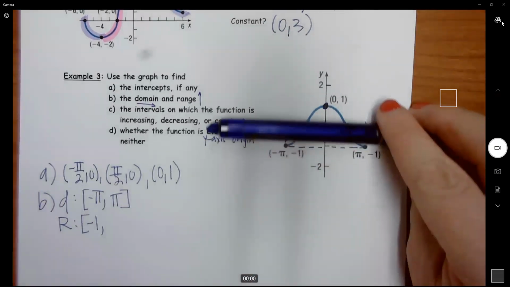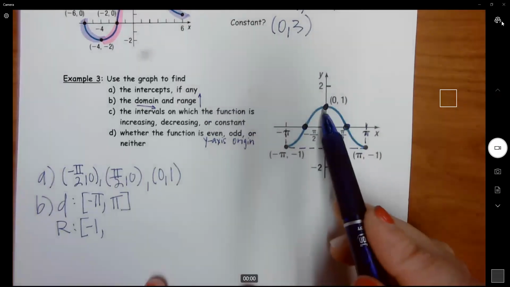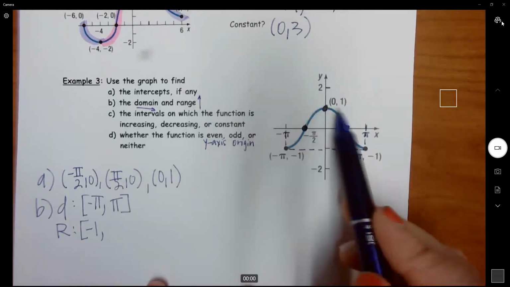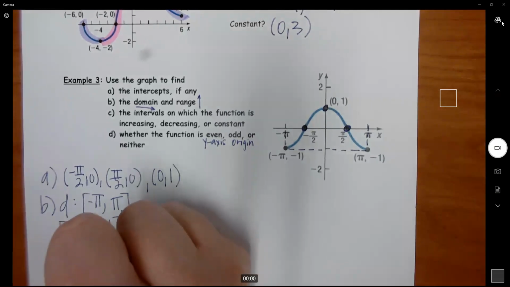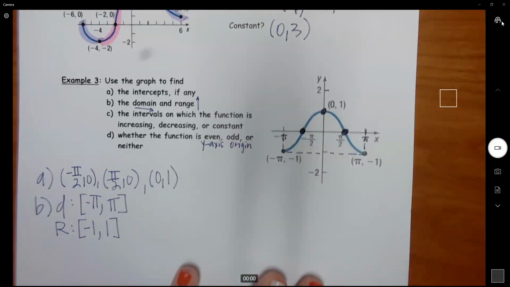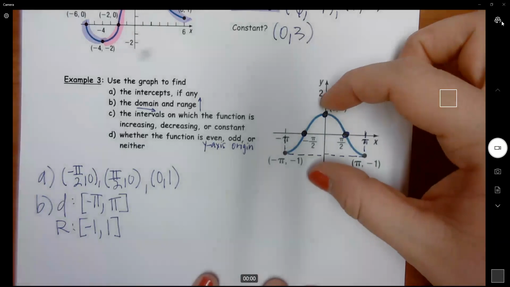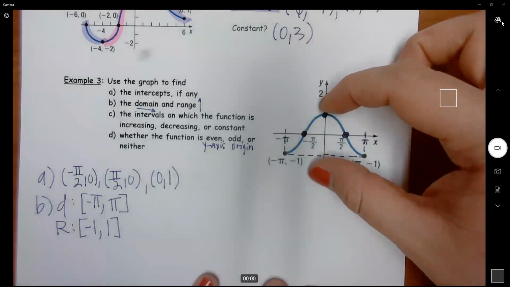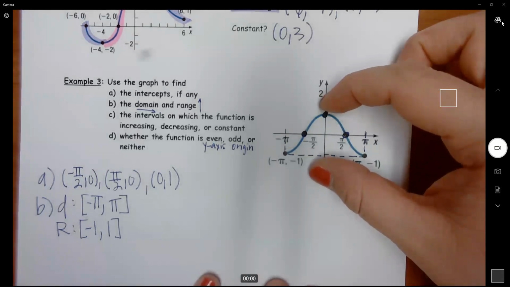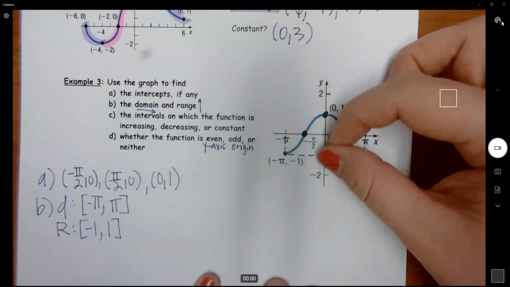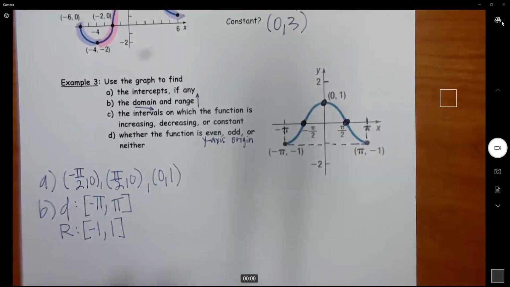And then where is this graph ending? It's ending right here. This is the tallest point at 1. So we're saying that my range is between these two intervals right here. Everything in between, but nothing out.